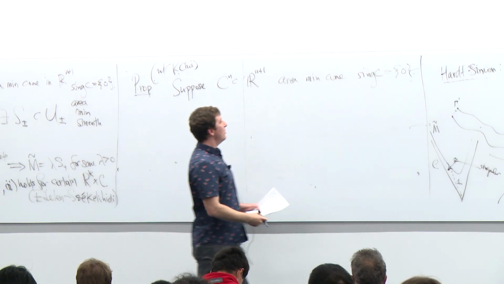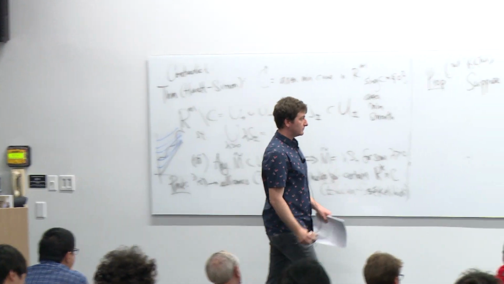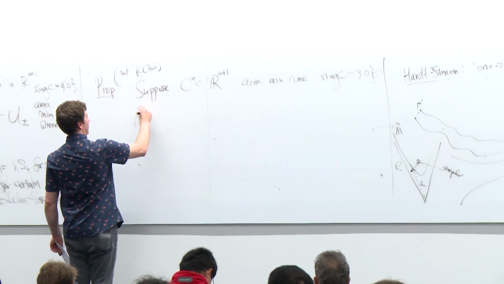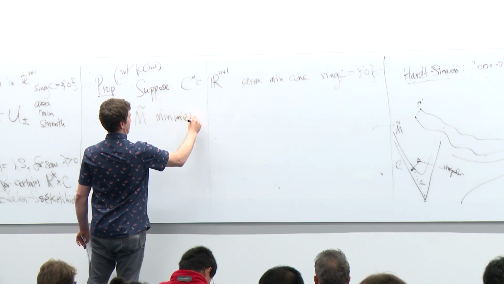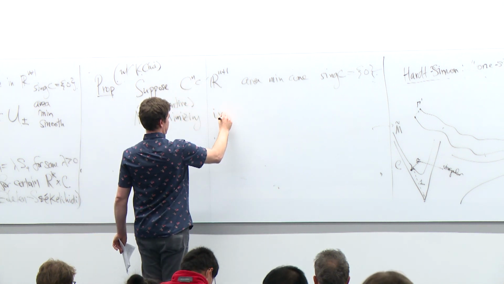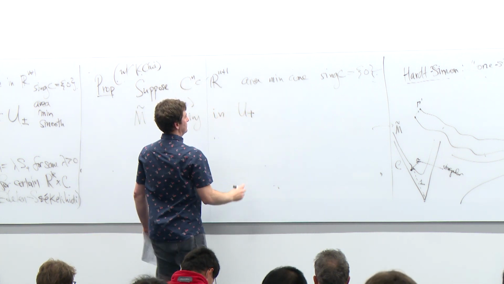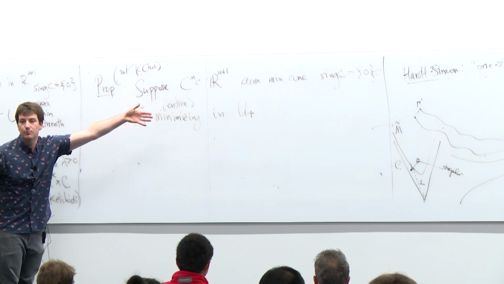Okay. So suppose you have a cone with only the origin singular. And suppose you have this M tilde minimizing in, say, U plus, to one side of the cone.